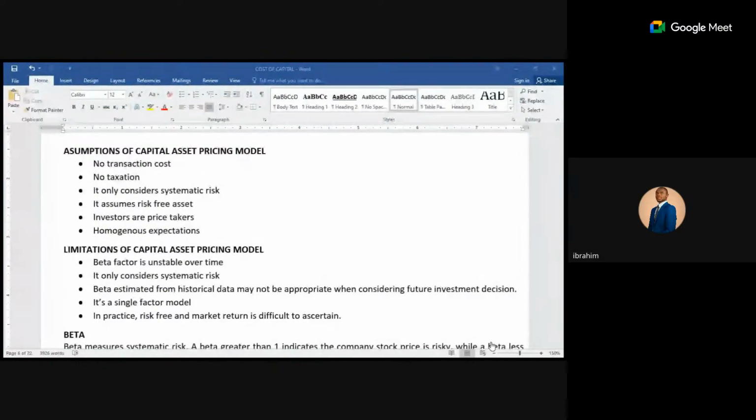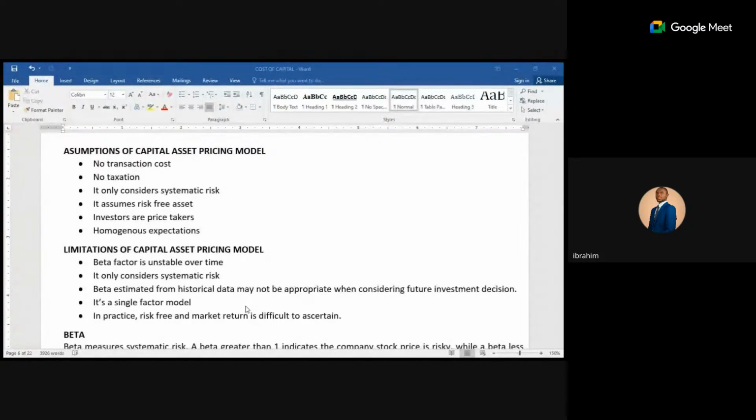No taxation. It is an assumption because before they arrive at your profit after tax, before they pay you dividend, they will already have considered tax. So no taxation is an assumption. It only considers systematic risk. Of course, the B that you see in that formula is the equity beta. That is systematic risk.